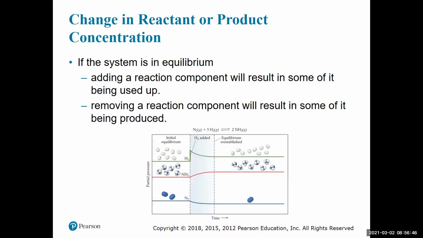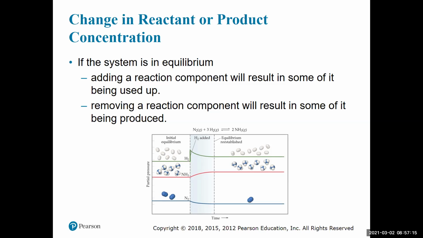So we're going to talk a little bit about how things react when some of these changes occur. So the first one let's take a look at is concentration. So if the system's in equilibrium, okay, we're going along, we've got our reactants, we've got our products, those concentrations have reached equilibrium. And then now you add one of the reactants.